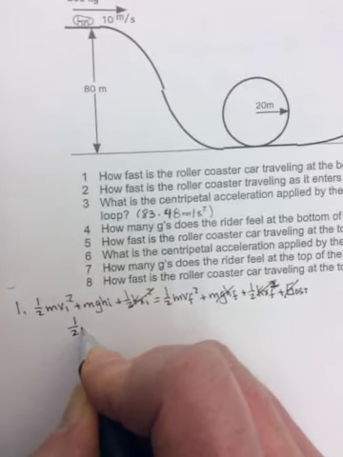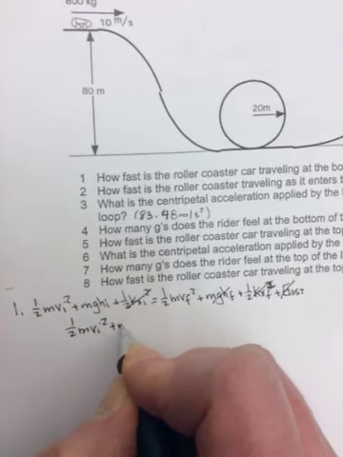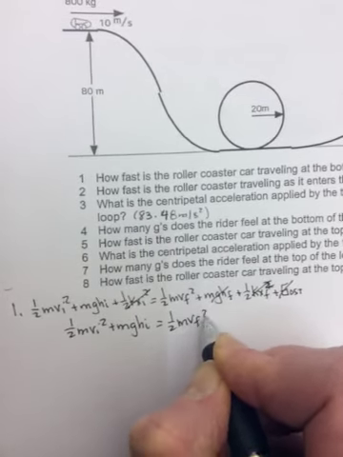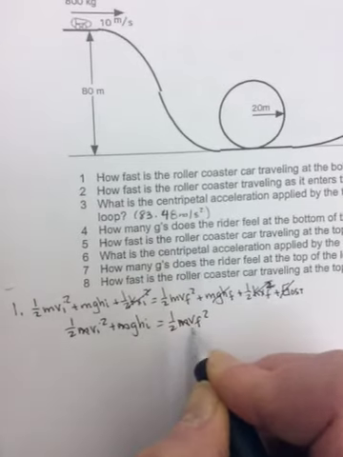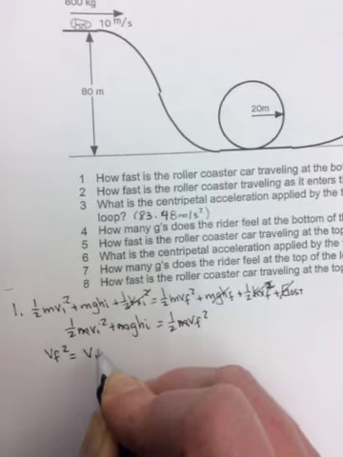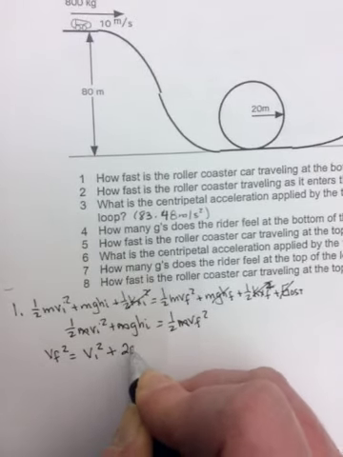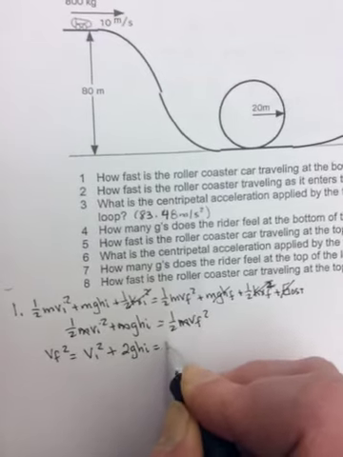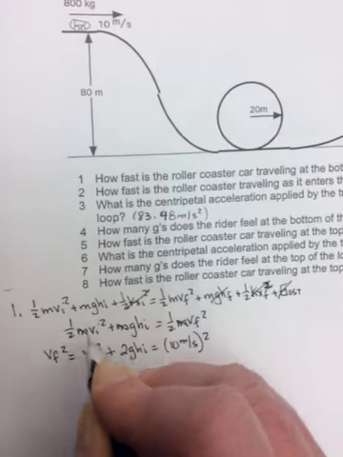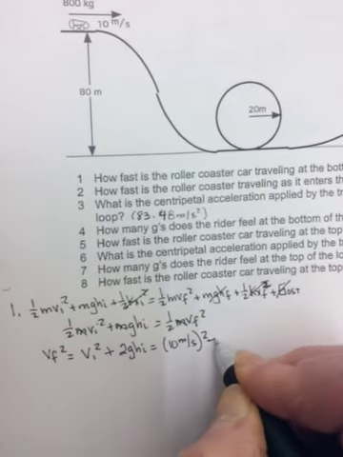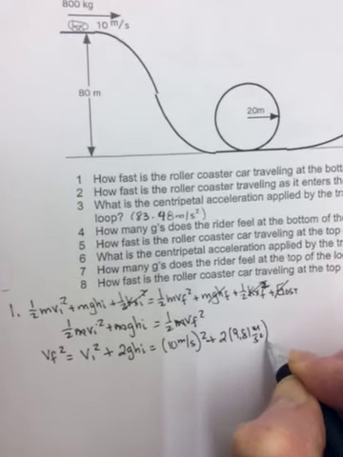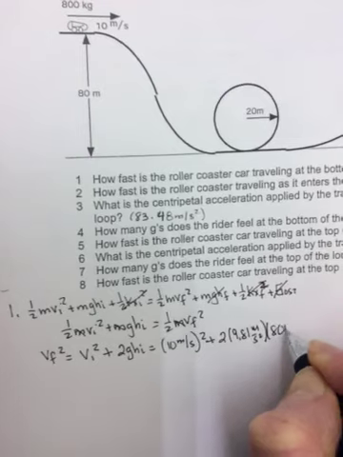So we have 1/2 mv, I'm just going to rewrite it so it's clearer for you, mgh initial equals 1/2 mv final squared. So the m's cancel. And then to get the VF alone, multiply everything by 2. So VF squared will equal VI squared plus 2GHI. So 10 meters per second, squared, and the 2GHI came because I multiplied everything by 2, plus 2 times 9.81 meters per second squared times 80 meters.